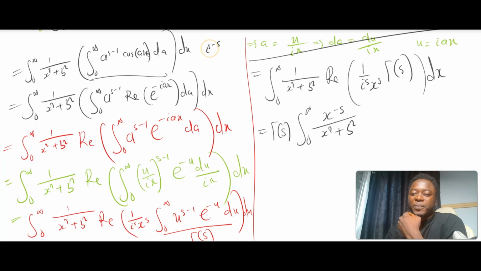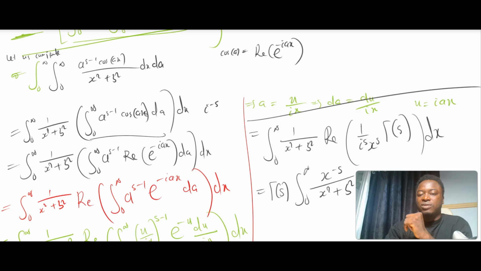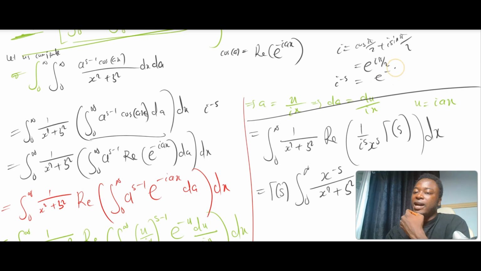And i itself, we could define i to be cosine of pi over 2 plus i sine of pi over 2. Point being that cosine of pi over 2 is 0 and sine of pi over 2 is 1. So this is e to the i pi over 2. So i to the negative s will be e to the negative i pi over 2 times s.